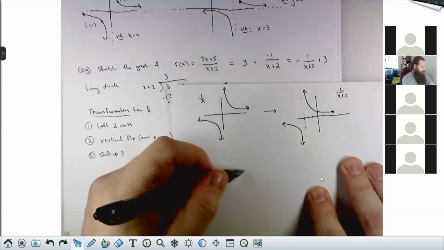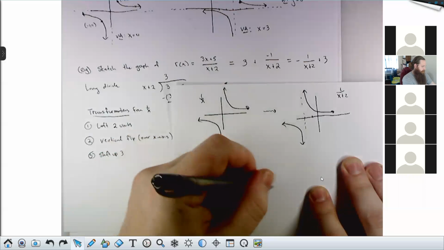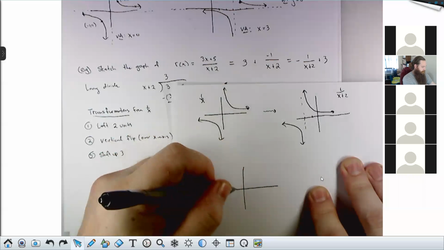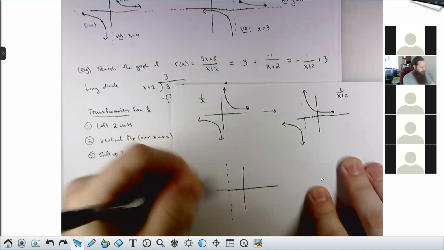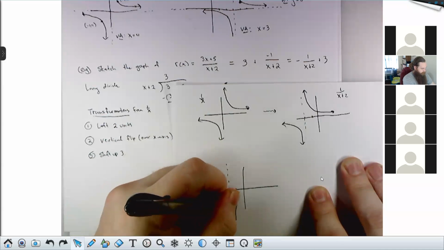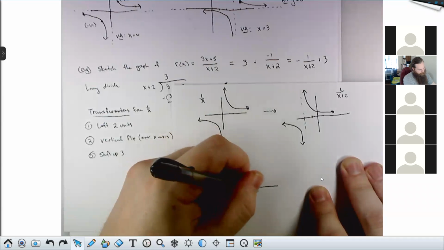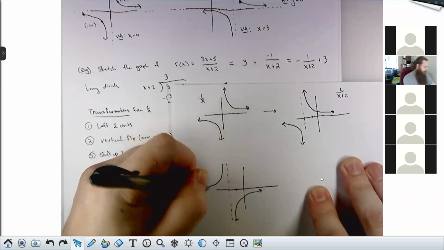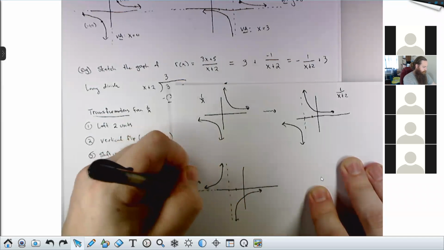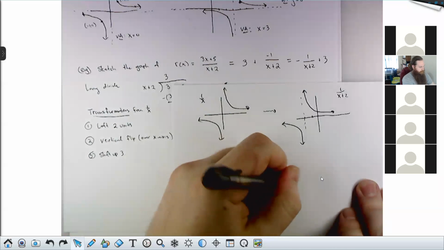Then we do our flip, vertical reflection. So that's going to look like this. Then we come up 3.